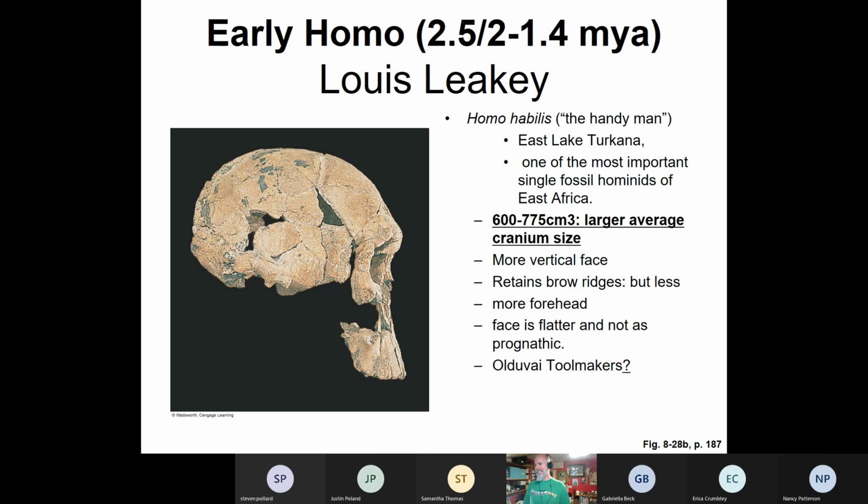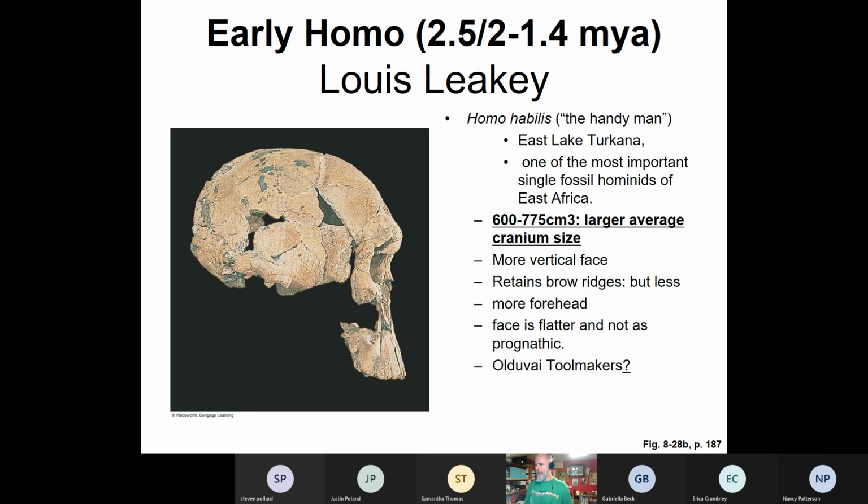What is most significant about this creature is that you have a cranial capacity of 600 to 775 cubic centimeters. That is significantly more than Paranthropus or Australopithecines.